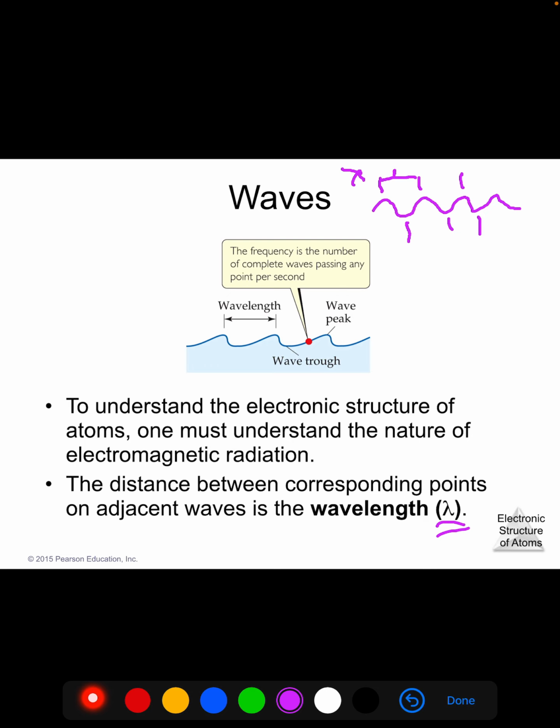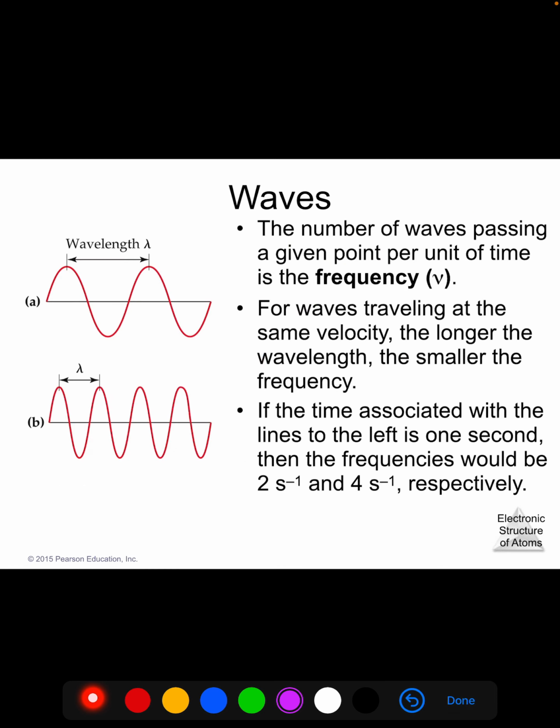And all this is distance between corresponding points. It could be the distance between the troughs or any point, the midpoint on the side going down in each one. And that wavelength tells us a bit about the wave.